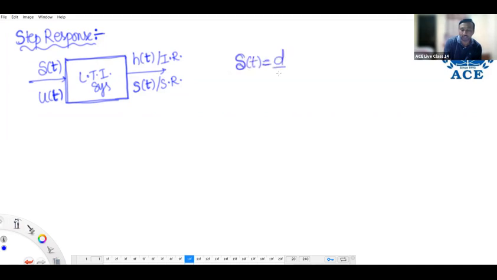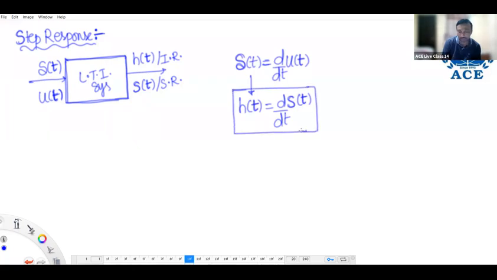We know delta t is d by dt of u of t. So what will happen to their outputs? Delta t is replaced as h of t, and d by dt of u of t is replaced as s of t. Differentiation of step response is called impulse response.